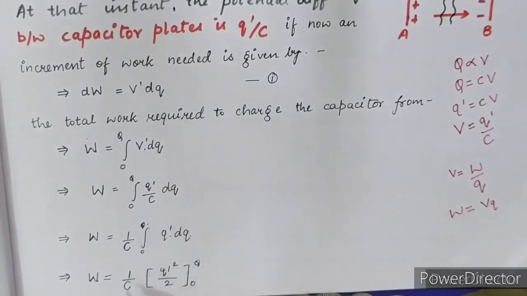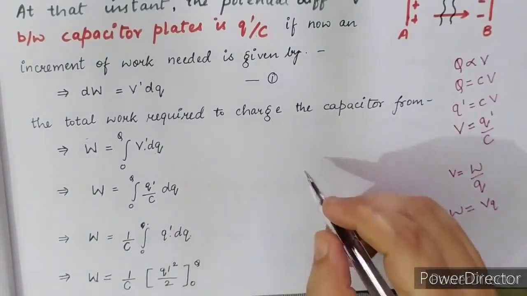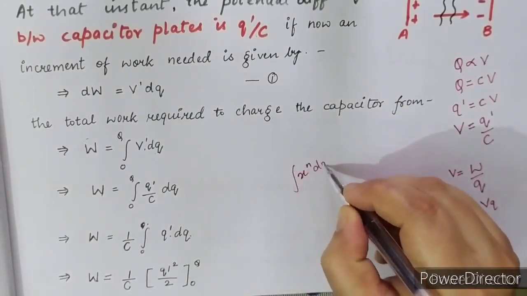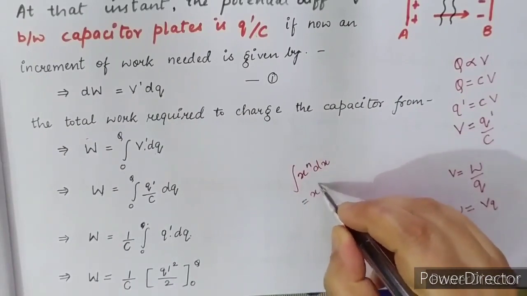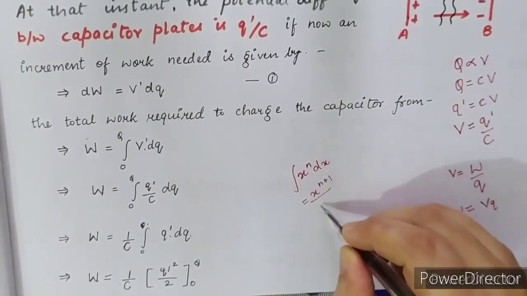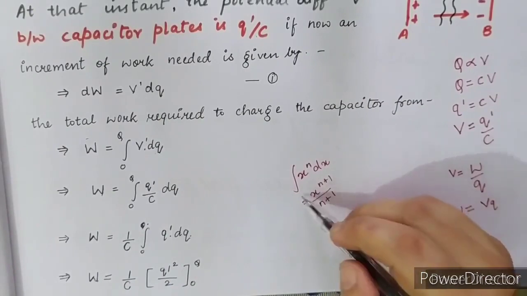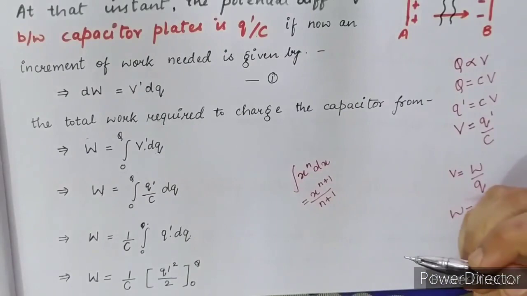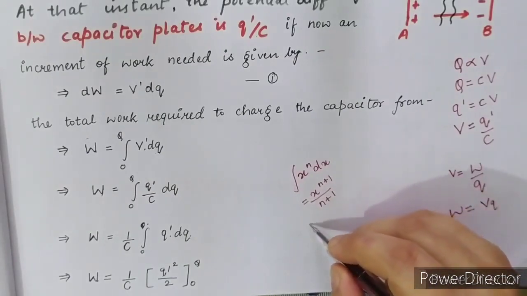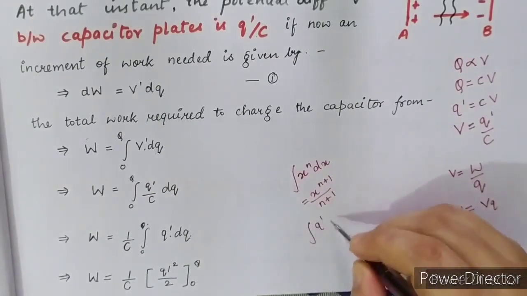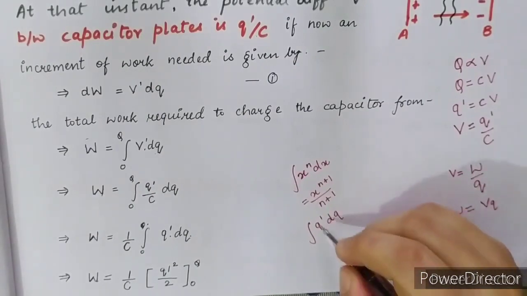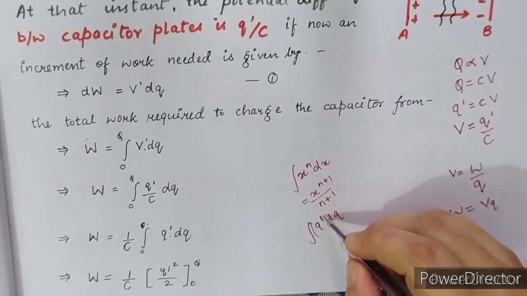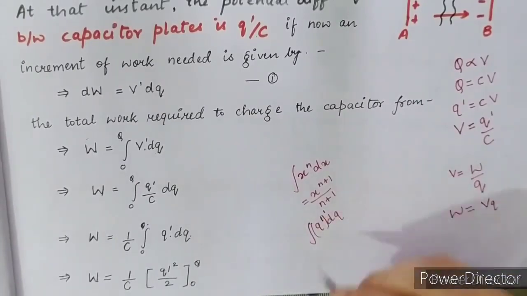The integration of x to the power n is x to the power n plus 1 upon n plus 1. Limits are given, so we do not use the integration constant here. So we have to integrate Q dash, which has power 1.